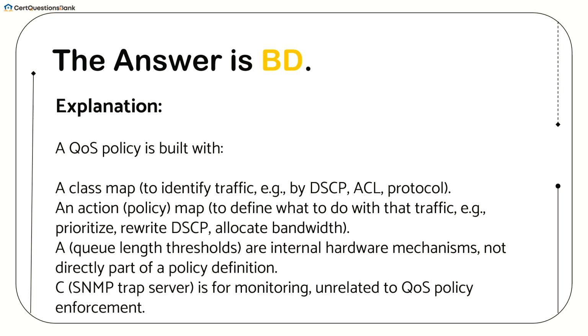The answer is BD. A CoS policy is built with a class map to identify traffic, e.g., by DSCP, ACL, protocol, and an action policy map to define what to do with that traffic, e.g., prioritize, rewrite DSCP, allocate bandwidth.